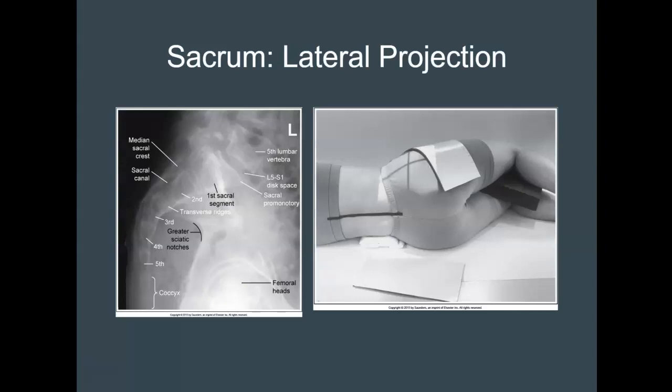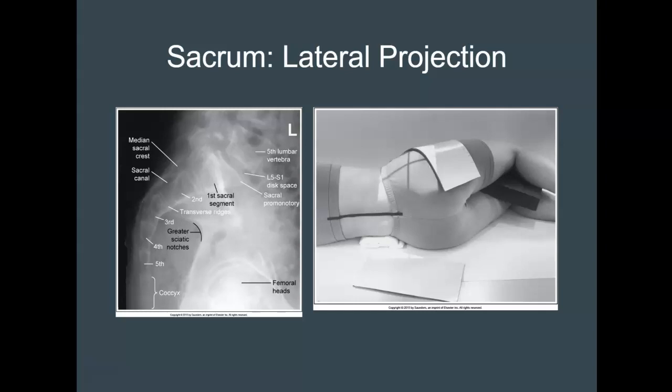Image analysis guidelines for the lateral sacrum and coccyx include, for the sacrum, that the L5-S1 intervertebral foramen and the disc space should be demonstrated as open. Now understand that this projection is not a spot image like the L5-S1 spot in the L spine.